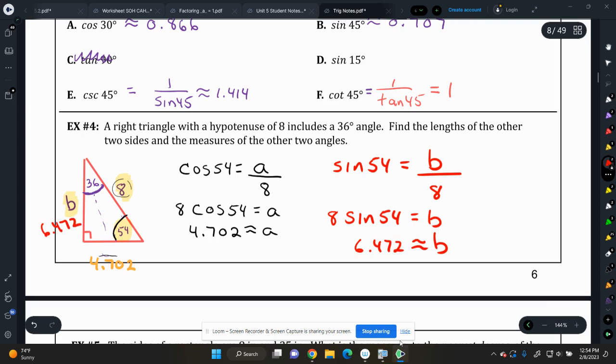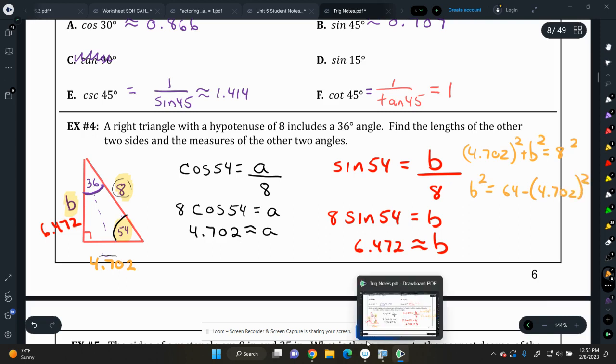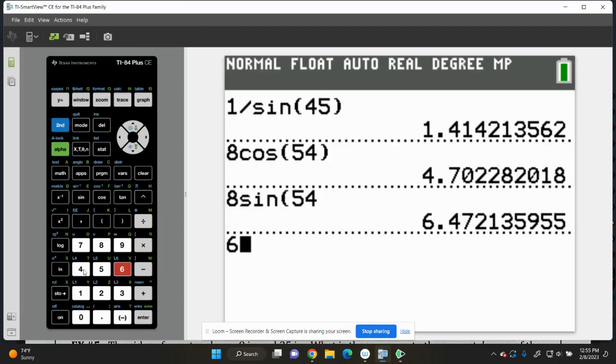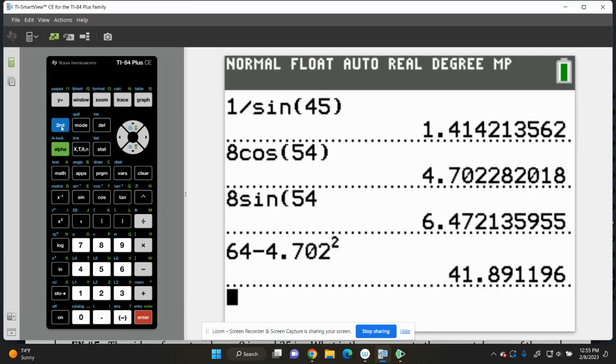Would I have gotten the same thing if I used Pythagorean's theorem? Well, let's check. Right, so I'd have 4.702 squared plus B squared equals 8 squared. So B squared would be 64 minus 4.702 squared. And then I have to take the square root of that.